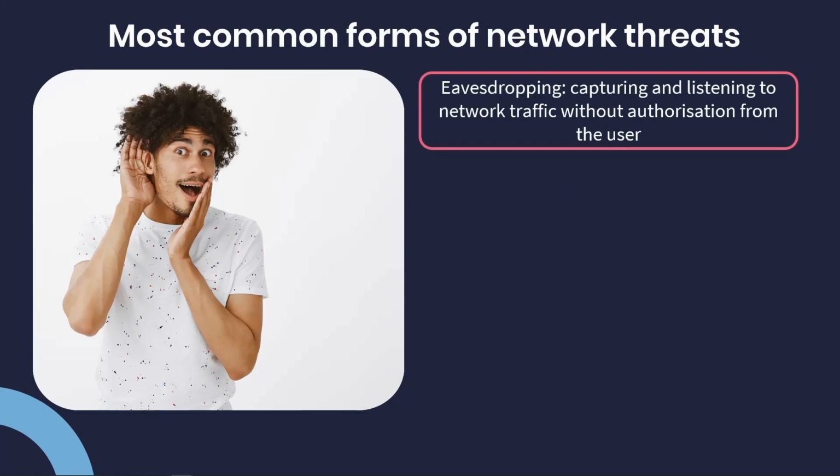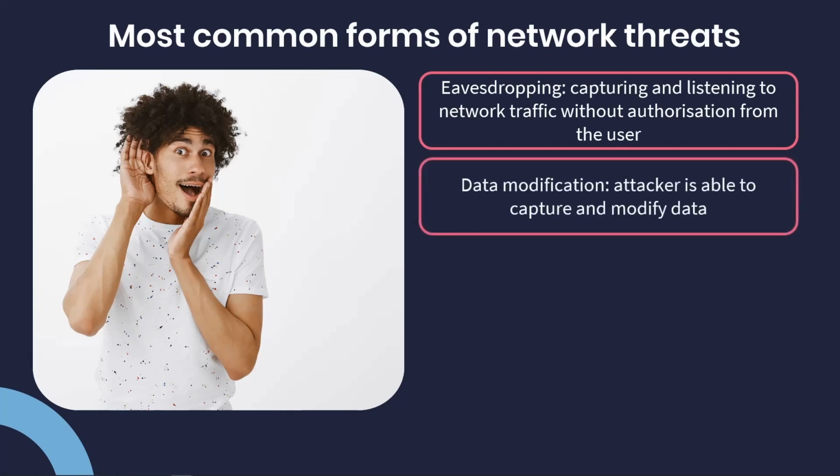Eavesdropping is usually carried out in secret, so the user may not be aware of the activity for a long time. Then we have data modification. In the case of data modification, the attacker is able to capture data and make modifications to it. The data is modified either by removing segments or by adding extra segments and resending it back to the user. This is often done by attackers with a lot of technical know-how.